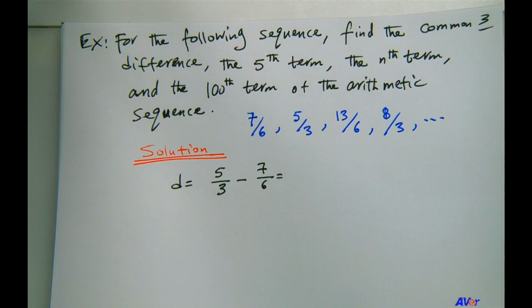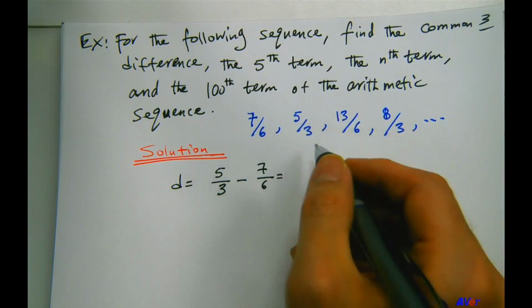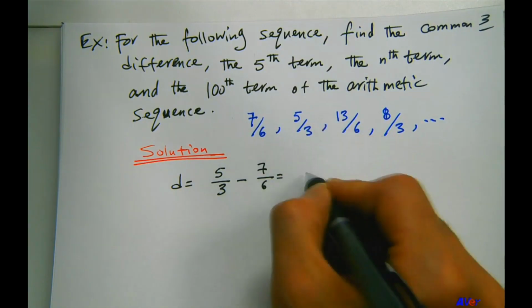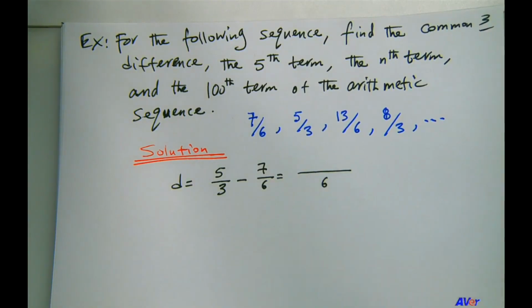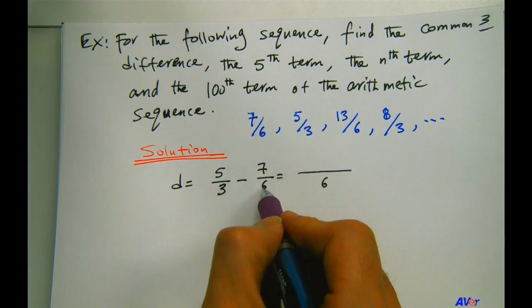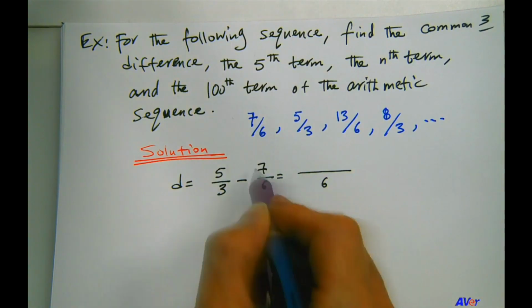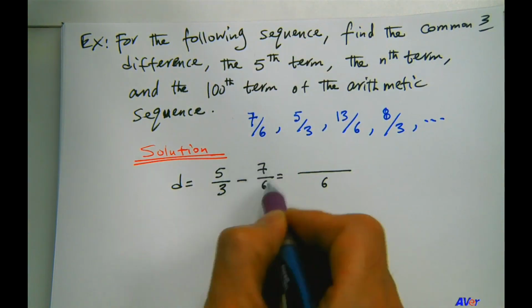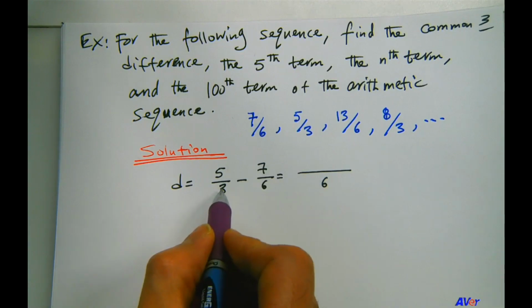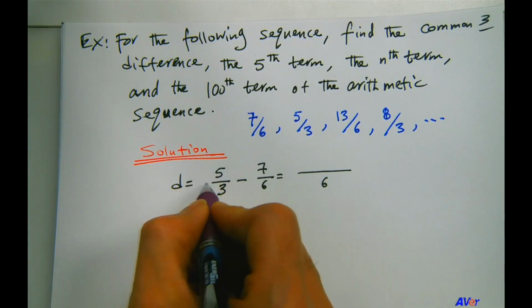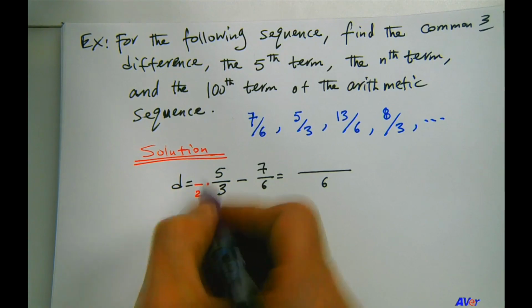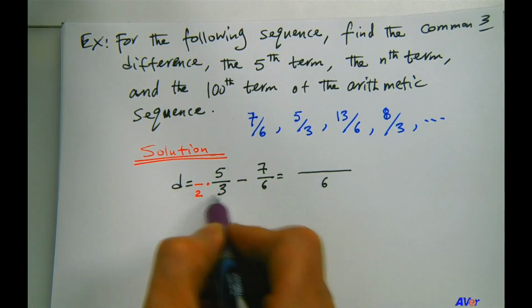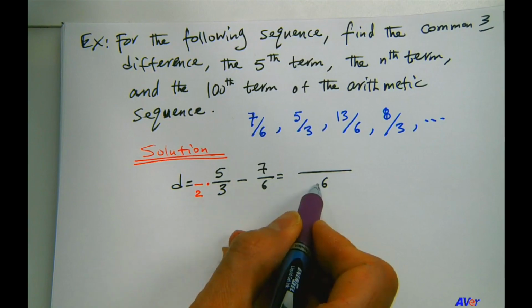There is a common denominator here, which is 6. Now, this denominator is already 6, so we don't have to do anything to this fraction. This fraction is not there yet, so we need to multiply the denominator by 2 to get it to that point, to get this number to be the common denominator.